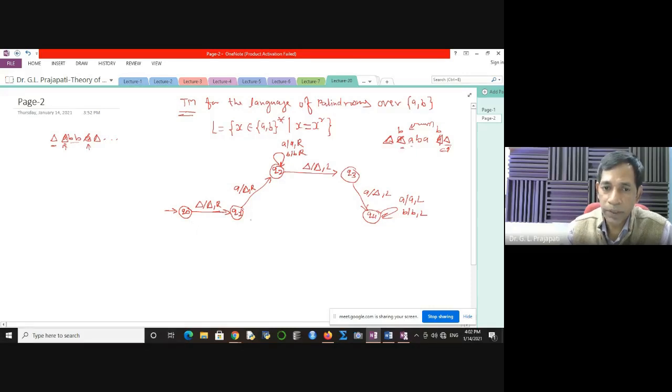So whenever you encounter the blank symbol, you have the blank, replace with blank and go to R.